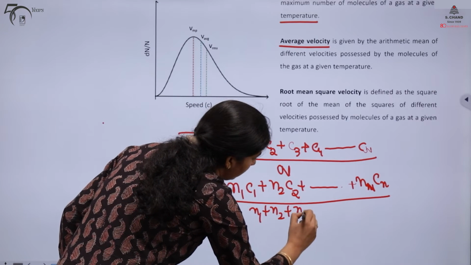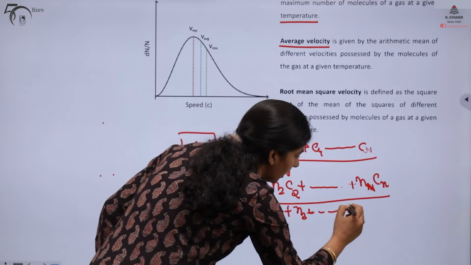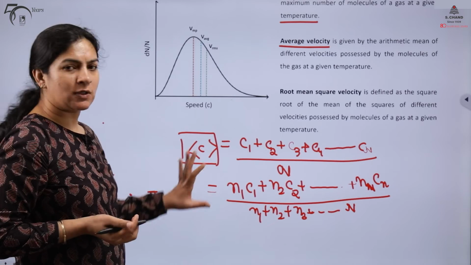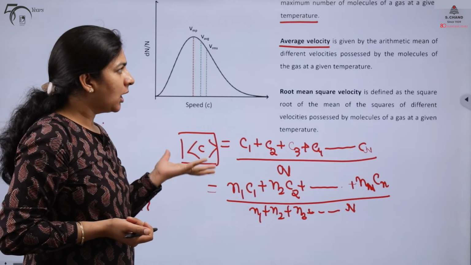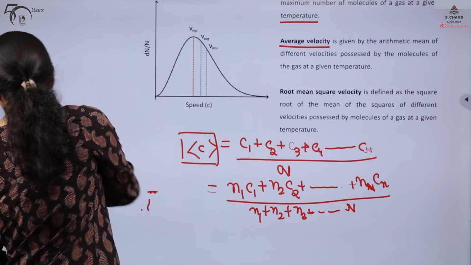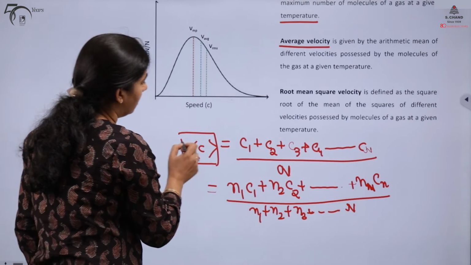So these are two different forms in which the velocity can be defined. The average velocity can be defined this way.